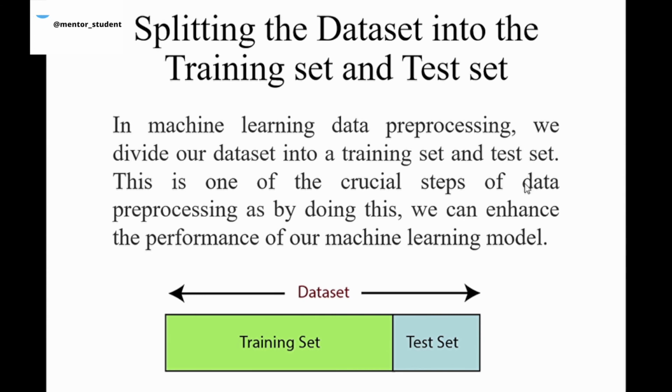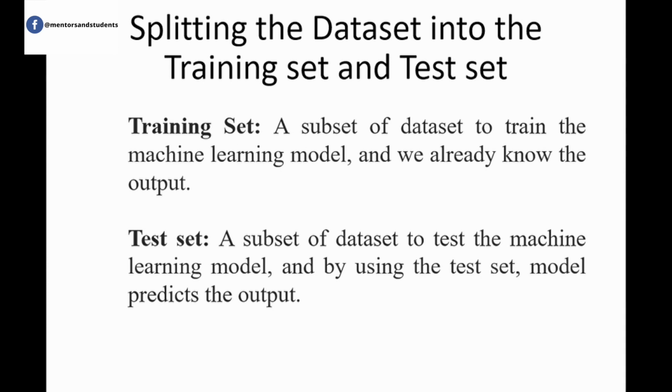The next step is a very important aspect of machine learning. That means splitting the data set into training and testing sets. Before pre-processing we have to divide our data into two parts, called the training set and the testing set. With the training set we can enhance the performance of our machine learning models. The training set is a subset of the data set used to train the machine learning model, and we already know the output.